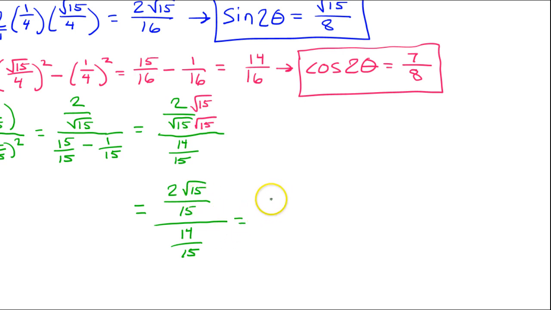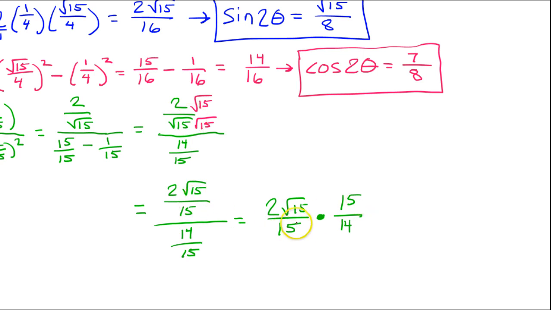So this is going to give me 2 radical 15 over 15 times the reciprocal of this, which is 15 over 14. Do you see why I rationalized the denominator ahead of time?